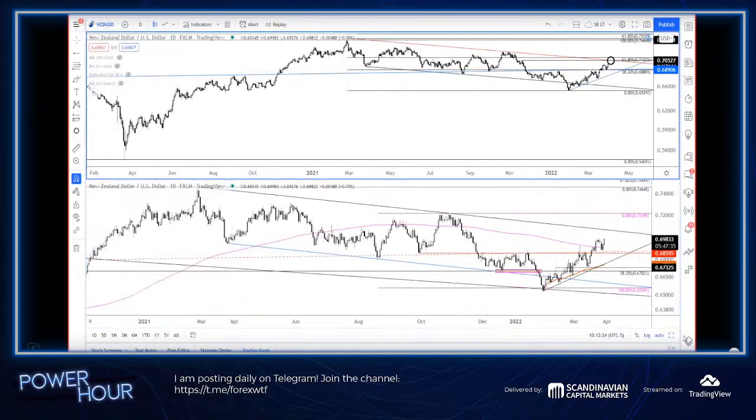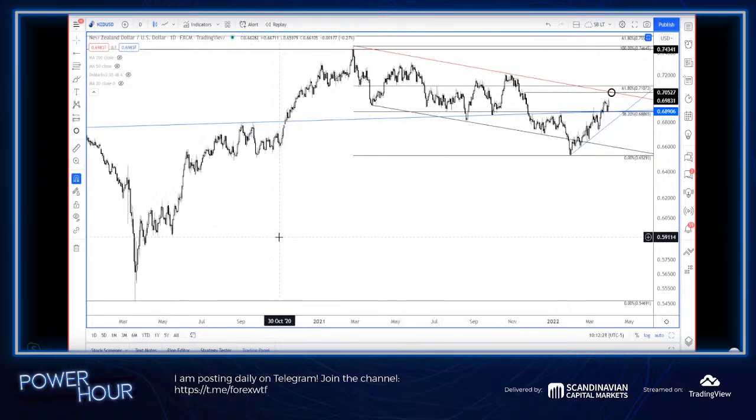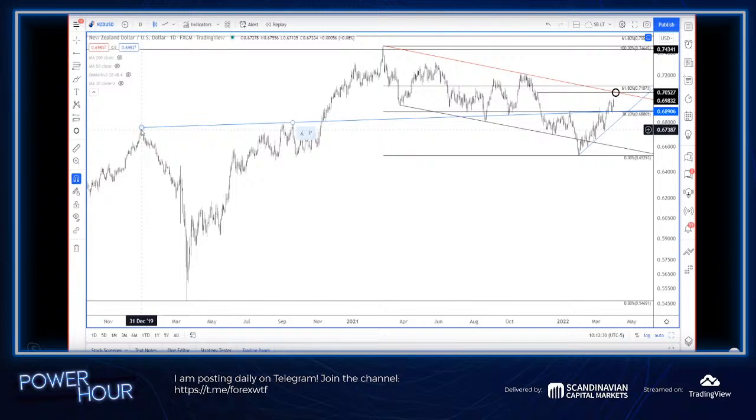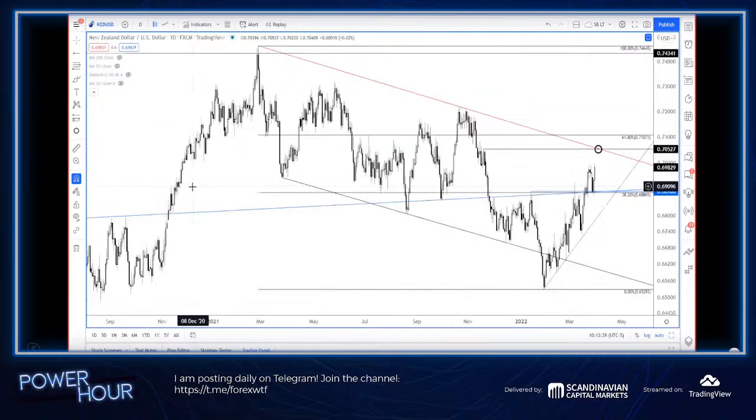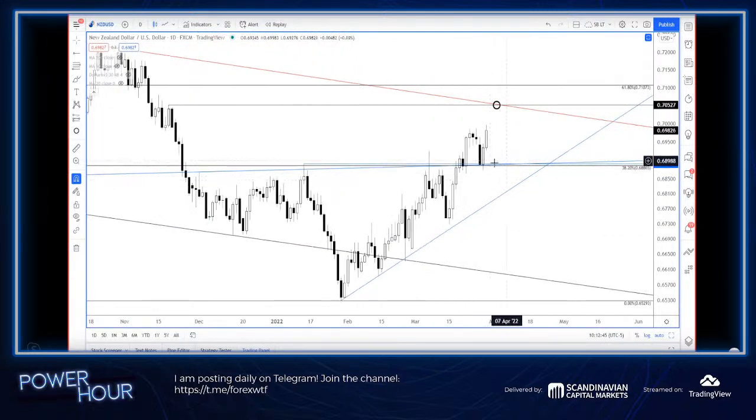Kiwi was absolutely perfect yesterday. So here's the neckline. Been following this closely for a very long time. And follow with me. You can see the breakout, support, support, resistance, resistance, resistance, and then it's been support for the last couple of weeks, actually.